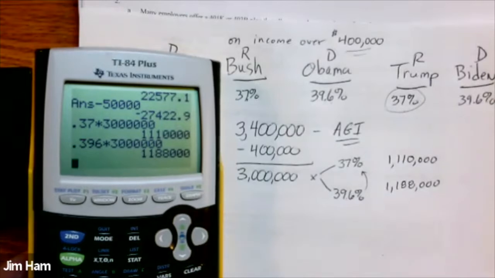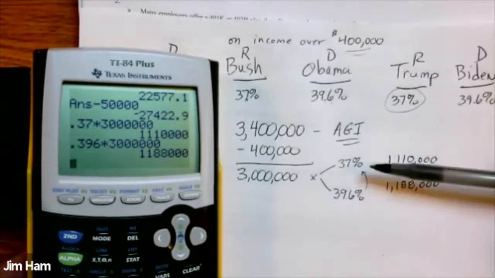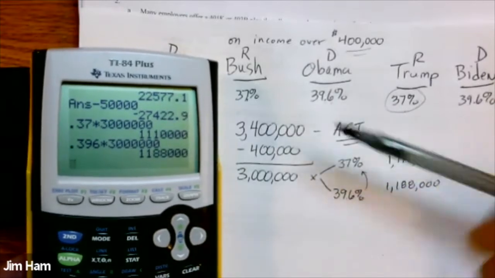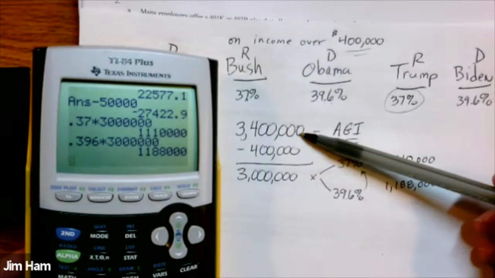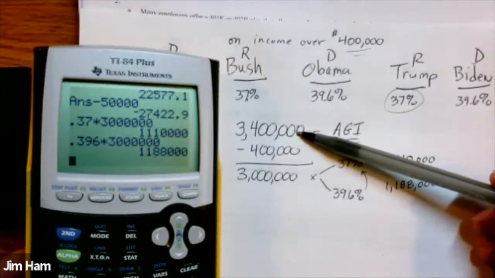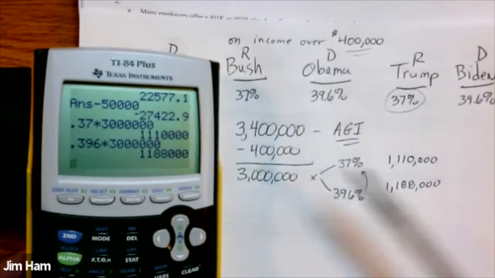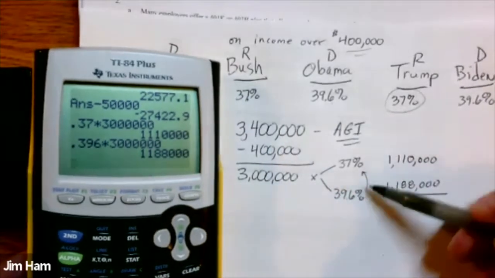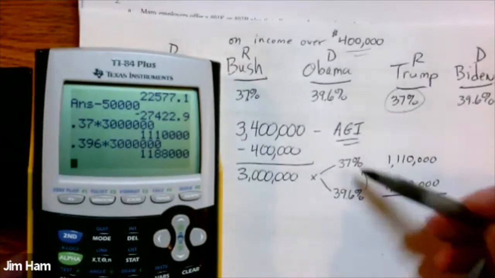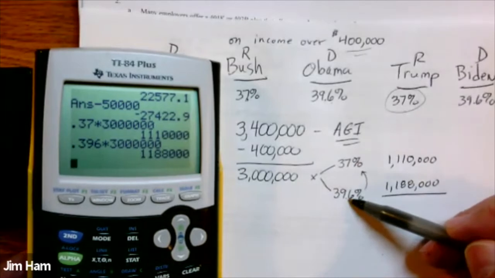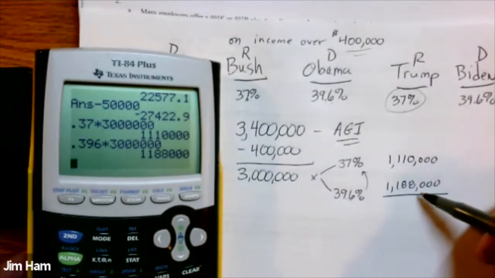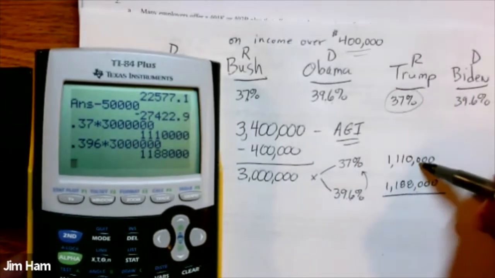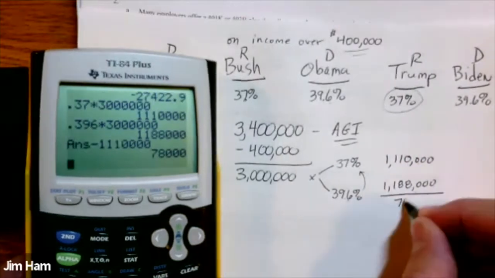So here's how Democrats will reason. If someone's making $3.4 million a year, that's a lot of money. That puts these folks in the top 1%. And if you lower their taxes to 37% from 39.6, the difference between what they paid one year and what they paid the next year was $78,000.